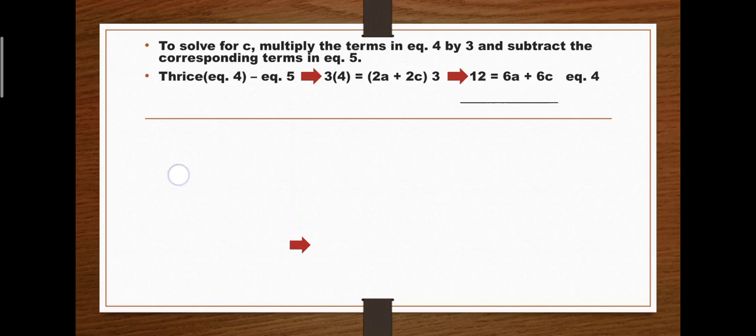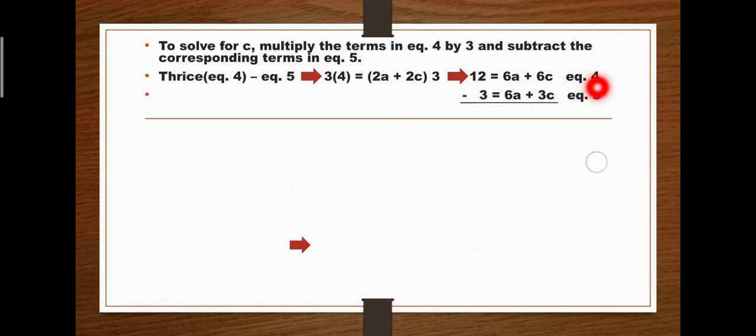So, ito, diba, thrice the equation 4 minus equation 5. So, equation 4 natin, diba, is 4 is equal to 2a plus 2c. So, multiplyan natin ng 3 both sides. So, 3 times 4 is 12. Then, 3 times positive 2a is positive 6a. Then, 3 times positive 2c is positive 6c.